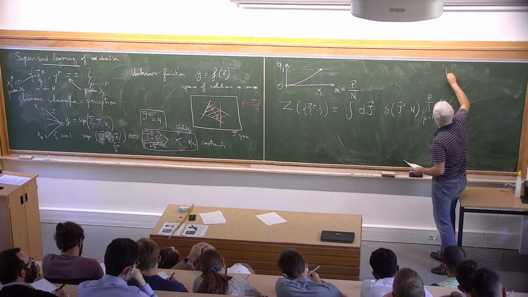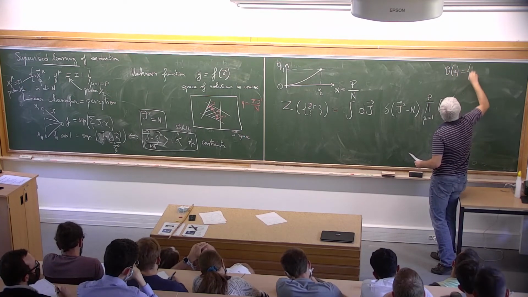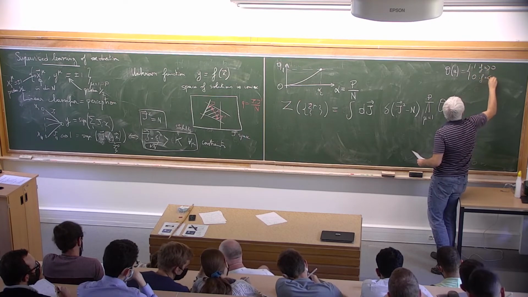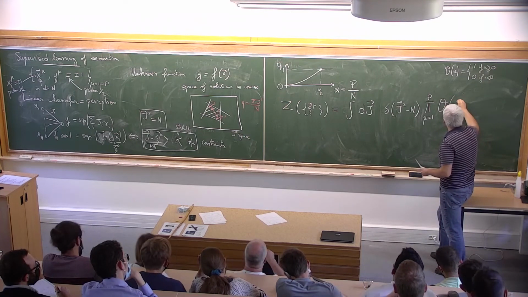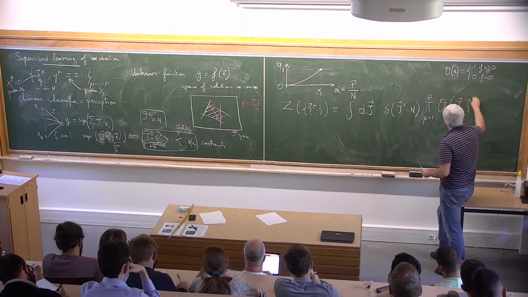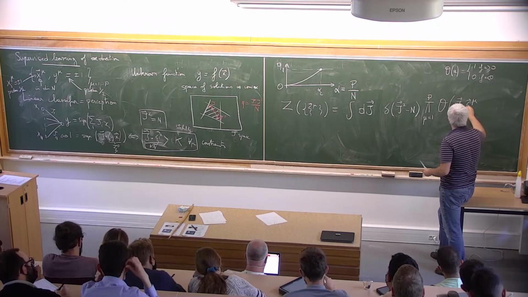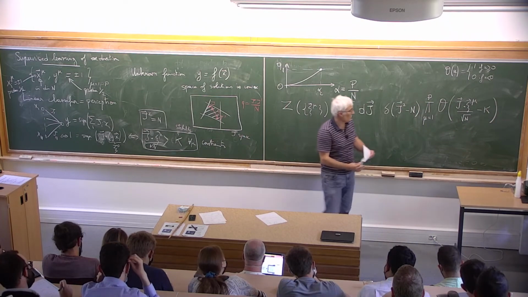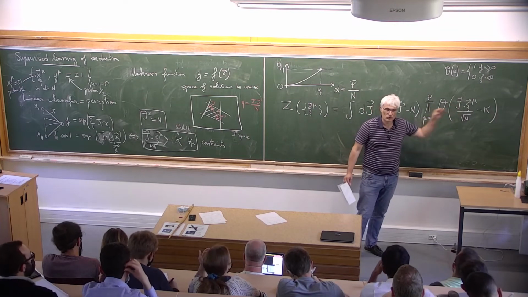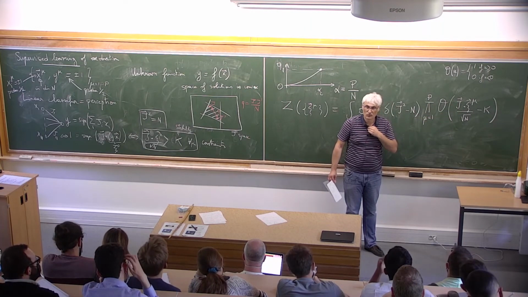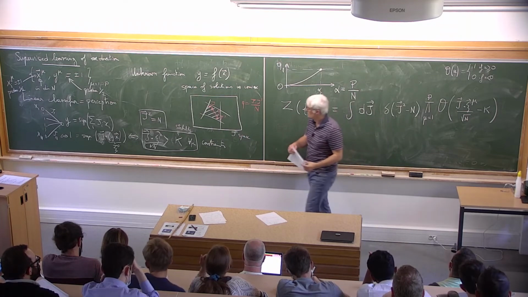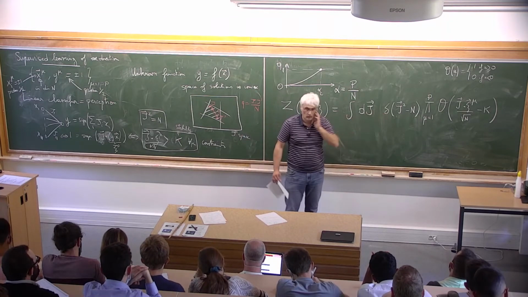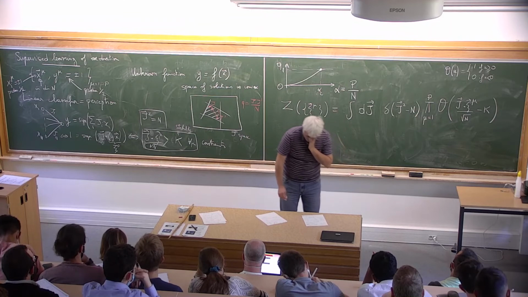Theta of u is simply 1 if u is positive and 0 if u is negative. So I can put, just to be defined, theta of J dot psi mu over square root of n minus kappa. I have the whole hypersphere, and I put a constraint that all these dot products should be larger than kappa. And I would like to compute that, right? So this is a measure of the volume on the hypersphere of the set of solutions.